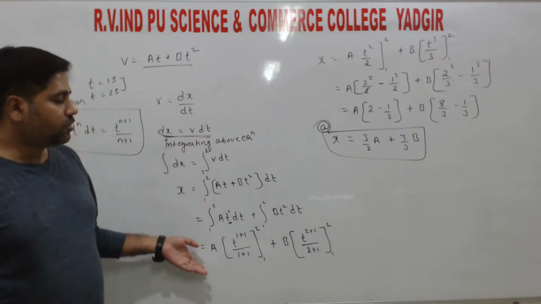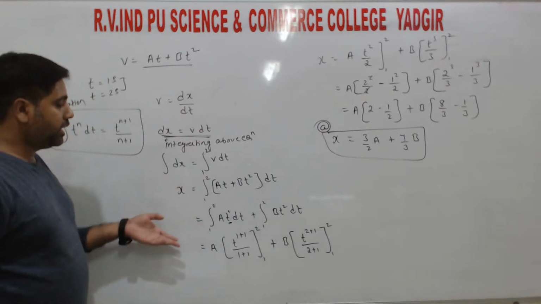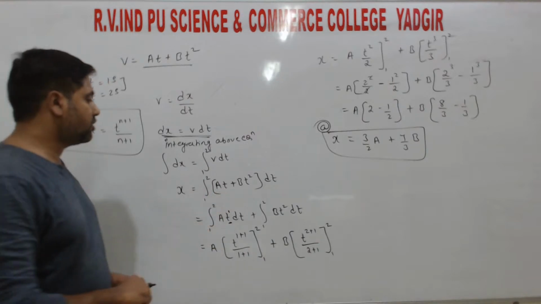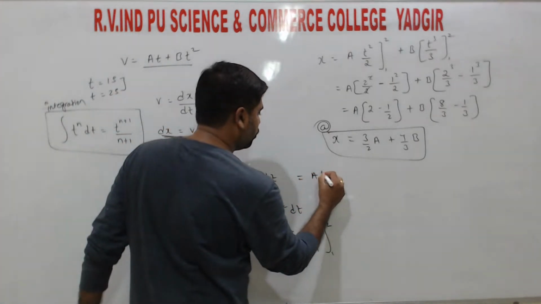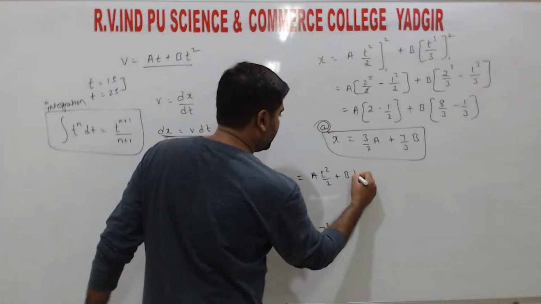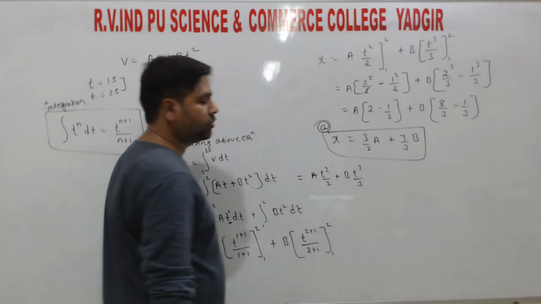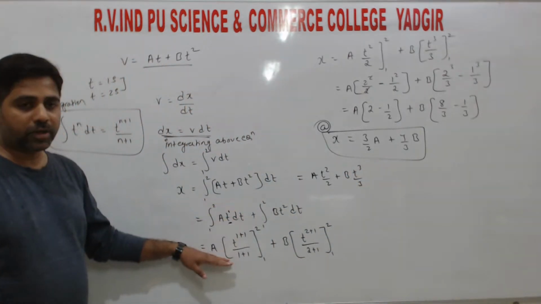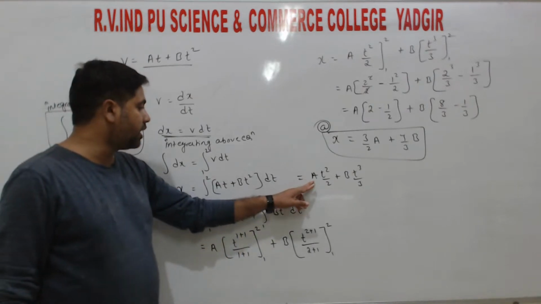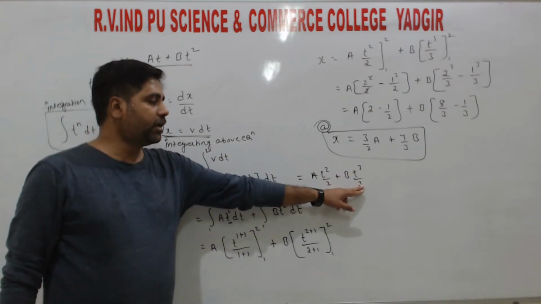So are the steps necessary? Directly, if you know the integration, we can write this as a into t square by 2 plus b into t cube by 3, right? This needs practice. Once you have practiced, you can directly write a t square by 2 plus b t cube by 3.